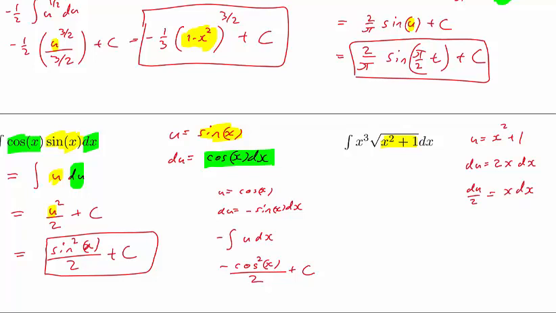I'm going to go ahead and restate this equation here as the integral of x squared times the square root of x squared plus 1 multiplied by x dx. I'm going to move that over so we aren't crowding ourselves there.